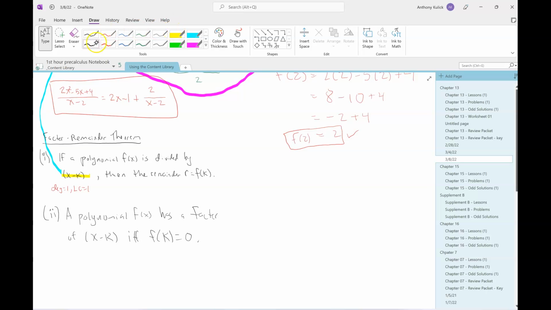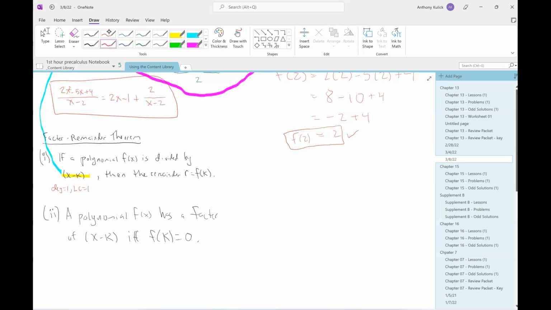So what is this really saying here? Well, let's translate it into numbers because it's easier to see. If I say, is 2 a factor of 6? What would you answer to that? Yes. Why? Because if I do 6 divided by 2, I get 3 with 0 remainder, correct?